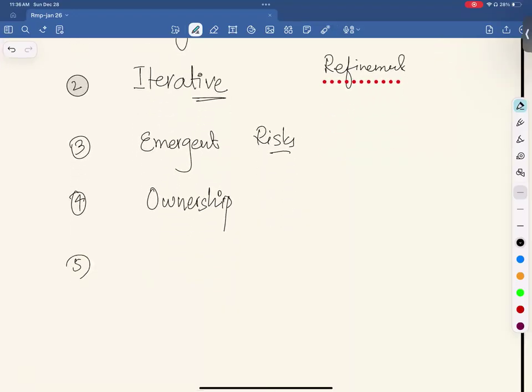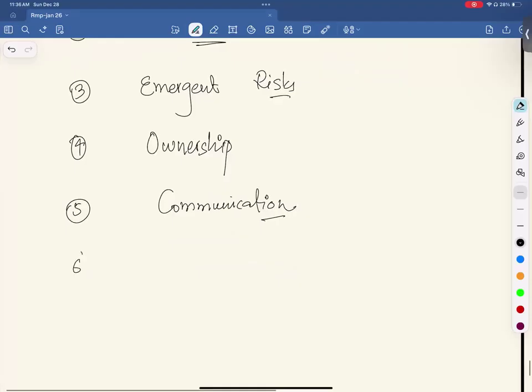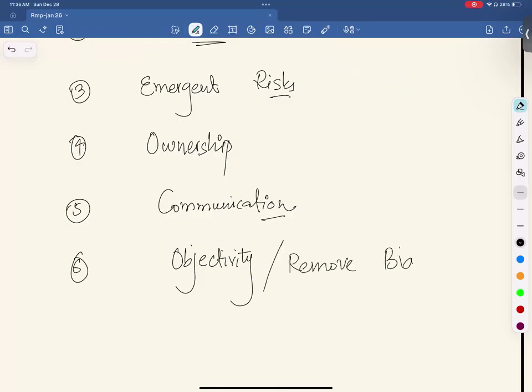And fifth is communication. There should be regular communication about risk across stakeholders, right? Regular communication. And last is objectivity. Now, what is meant by objectivity? Means remove bias. Now, what is meant by bias?